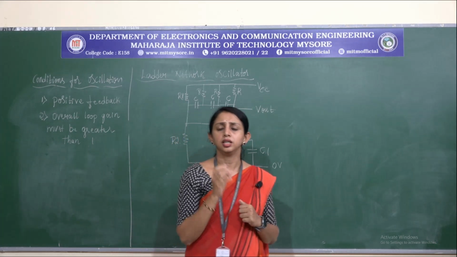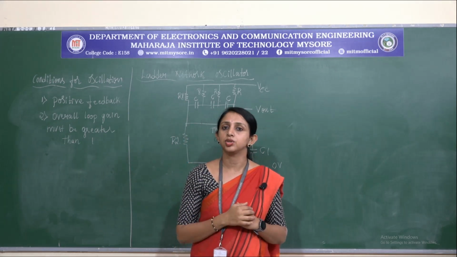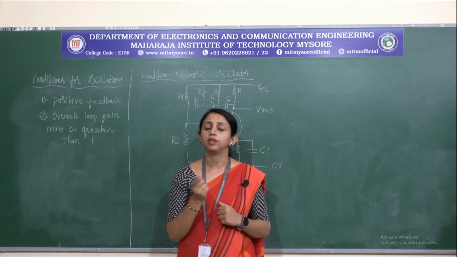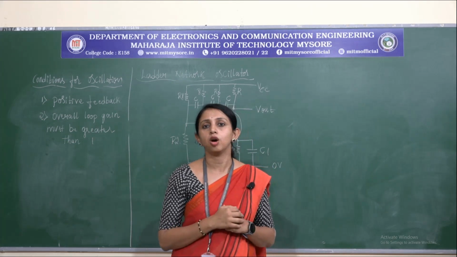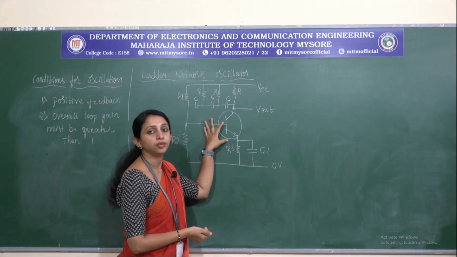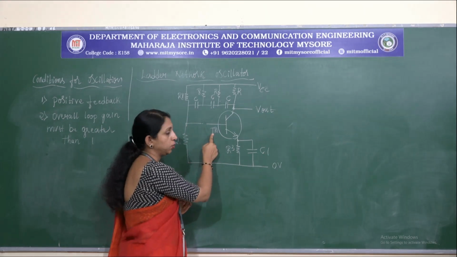After this, here we are making use of a transistor. As we know, a transistor in the active region works as an amplifier. If the amplifier is provided with positive feedback, it acts as an oscillator. Hence, in this oscillator circuit we are making use of a transistor denoted as TR1.